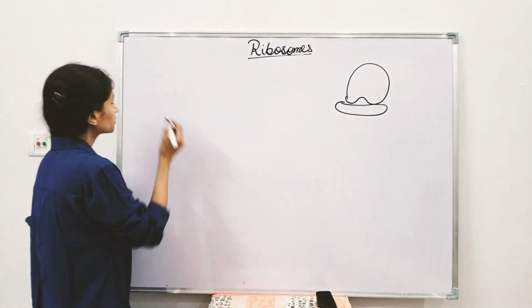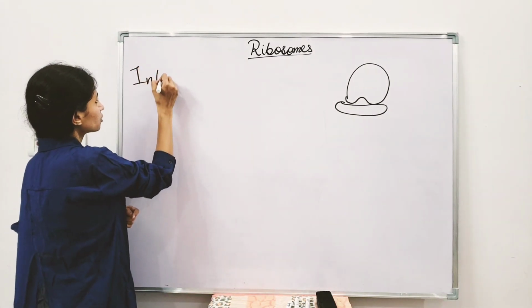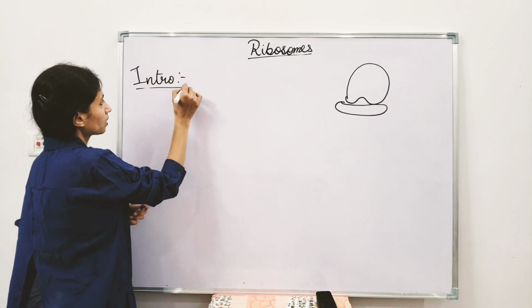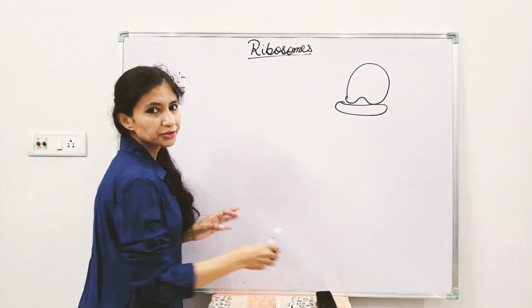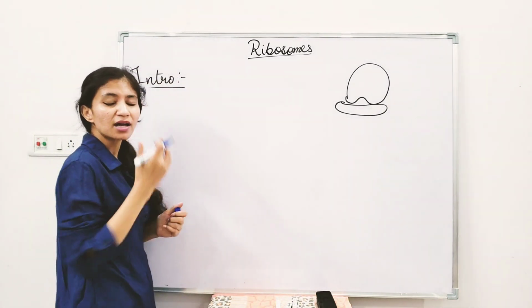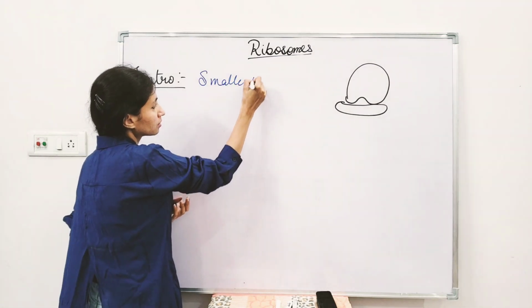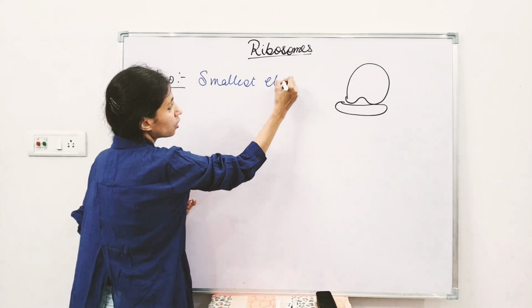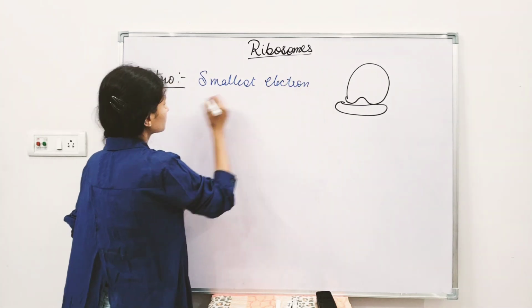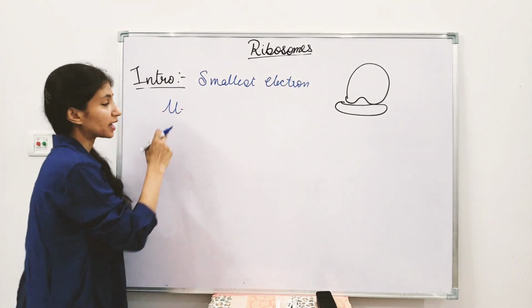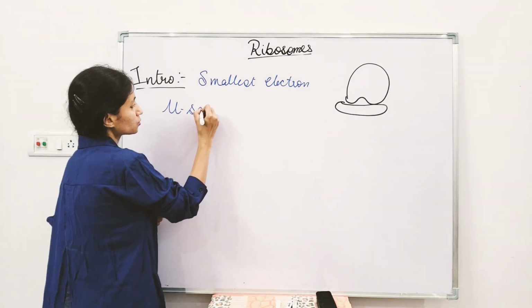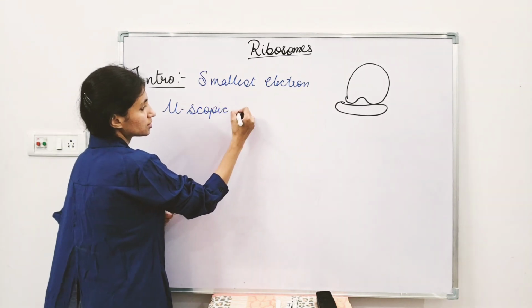So let's talk about the introduction of the ribosome first. Ribosomes are the smallest electron microscopic structures. I'm just writing microscopic structure.